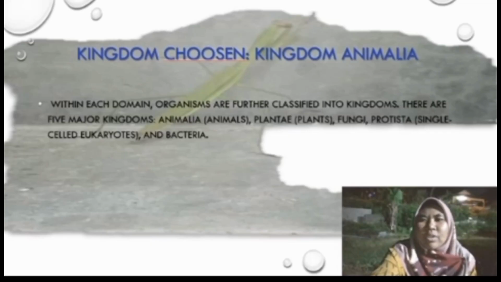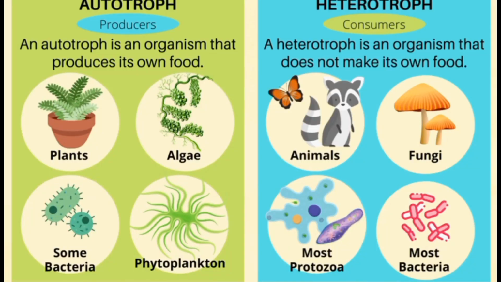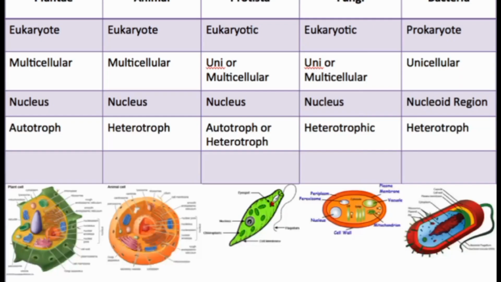They are also heterotrophic, meaning they consume other organisms. This is the differentiation between autotrophic and heterotrophic. An autotroph is an organism that produces its own food, while a heterotroph does not make its own food. Our chosen organism is heterotrophic.